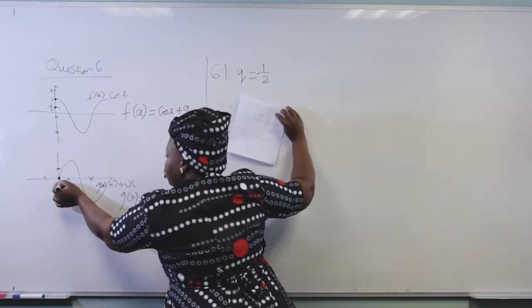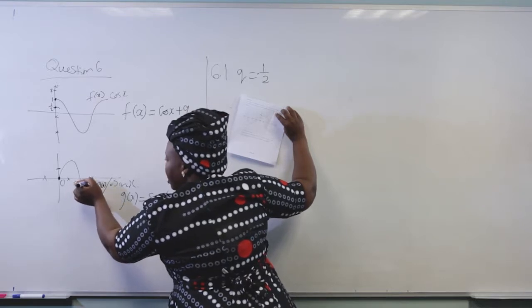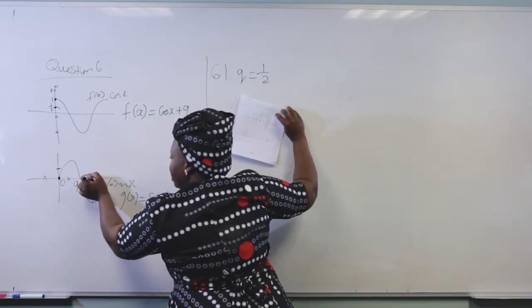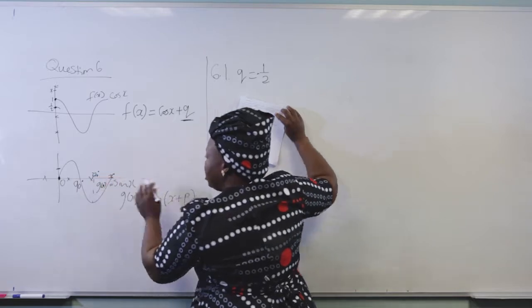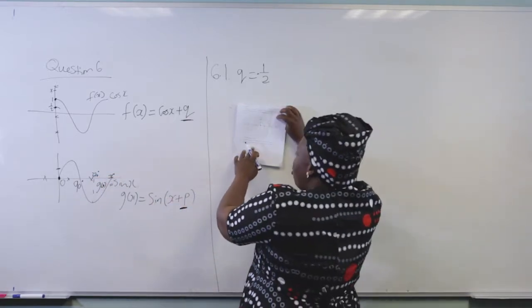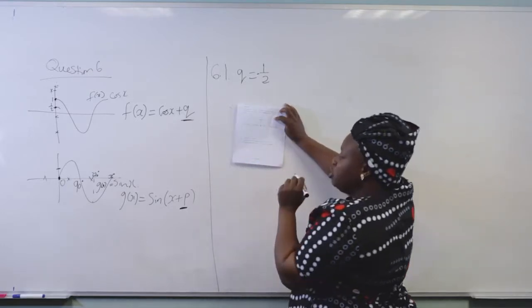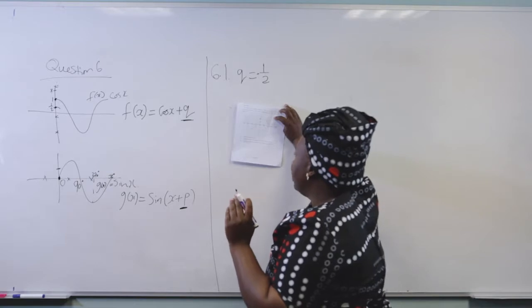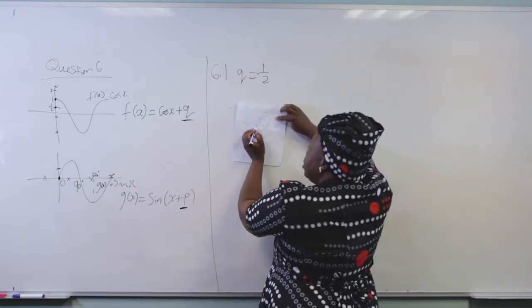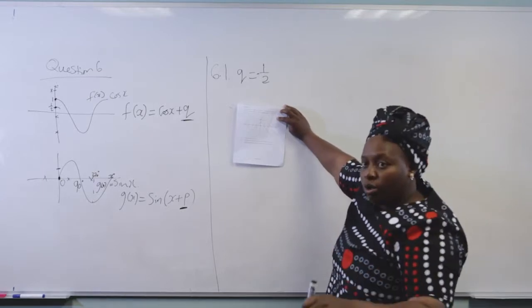Remember that this was supposed to be 0 and that was supposed to be 90, this was supposed to be 270 and then 360, for a normal graph of the function. But now it has moved to this point. So you need to figure out what happened to the one that was 0. If you look at it, the 0 is where 30 is instead of where 0 is.